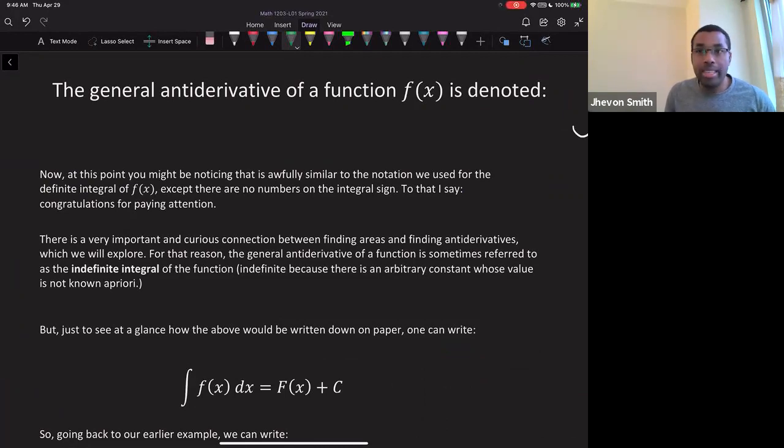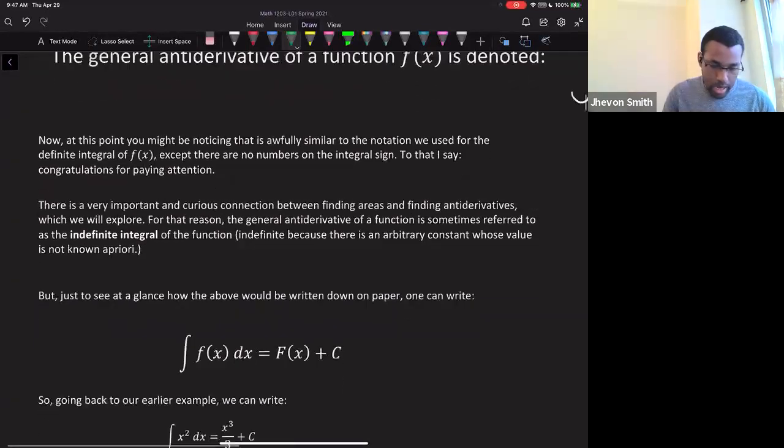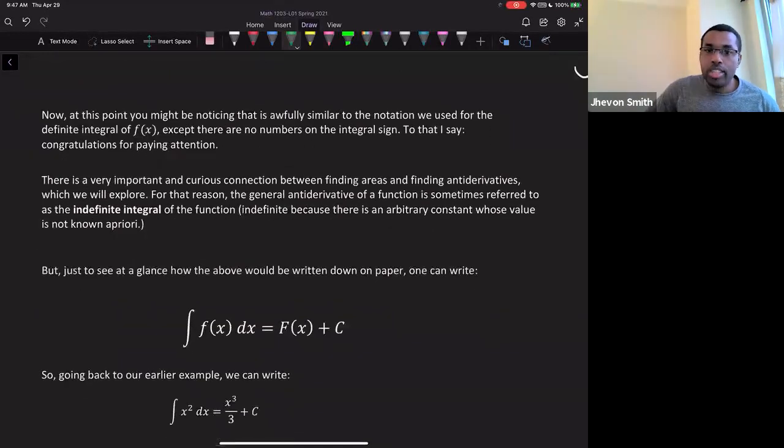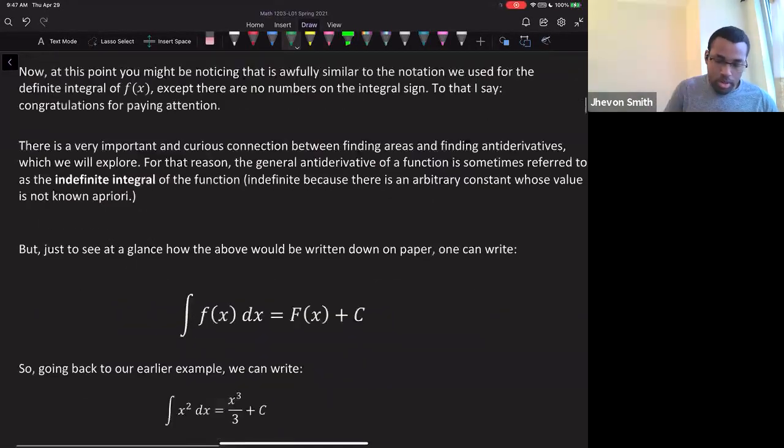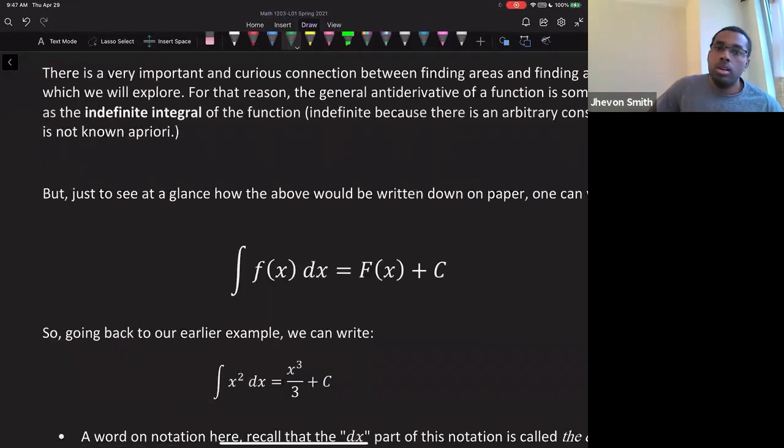They would emphasize the definite integral if they're really thinking about an interval. So in general, this would be how you would write something down. For example, I would say the integral of x squared is x cubed over 3 plus c. So I can say the antiderivative of x squared is x cubed over 3 plus c, or I can say the integral of x squared is x cubed over 3 plus c. These are all synonyms, right?